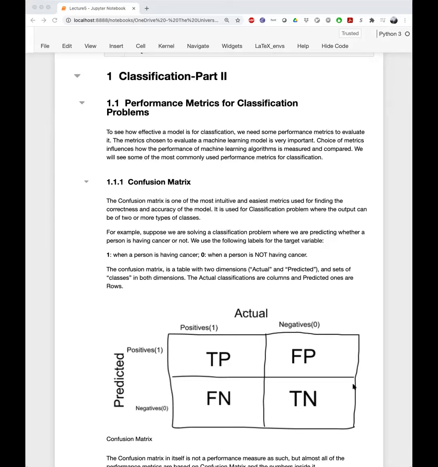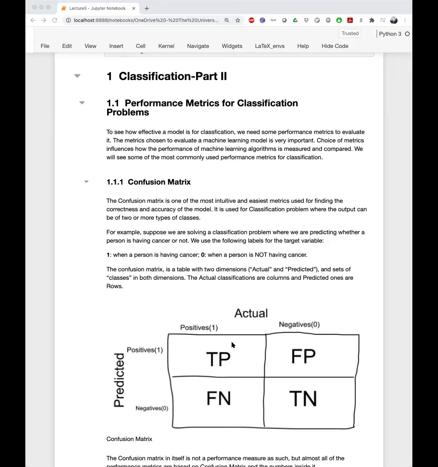So now, based on this definition, we have 4 cases. One is true positive. TP means true positive. So what does true positive mean? Look at the second letter. The second letter means the predicted case. So the positive in TP means the patients are predicted positive.